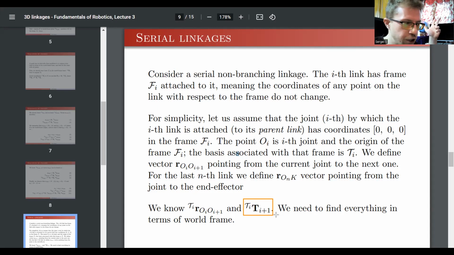You have a linear operation that does it. If the first frame is A, this is the A frame, and this is the B frame, the transformation between them would be, as far as I remember, B transpose times A. That is the transformation, and we even saw it last week.